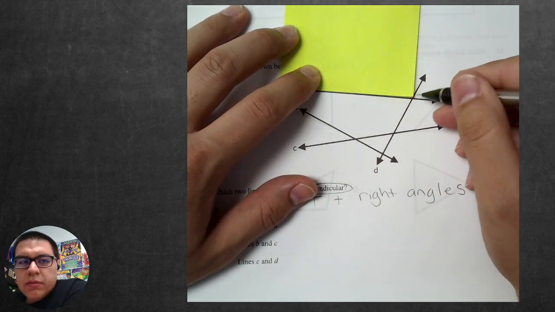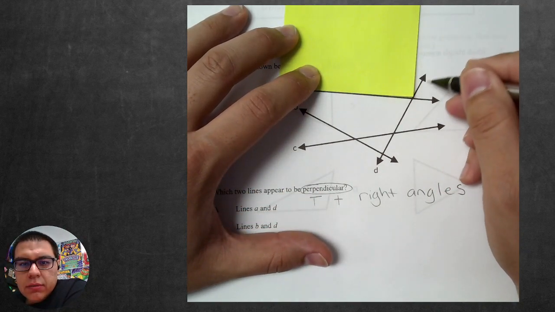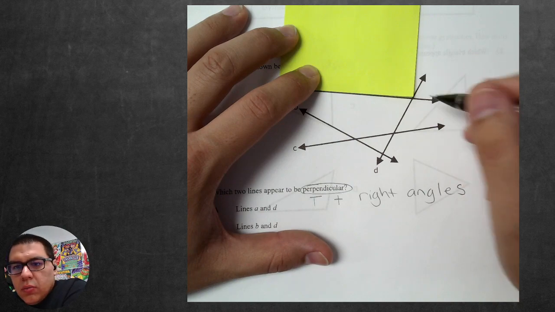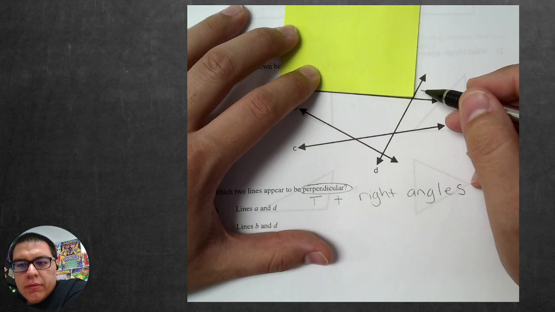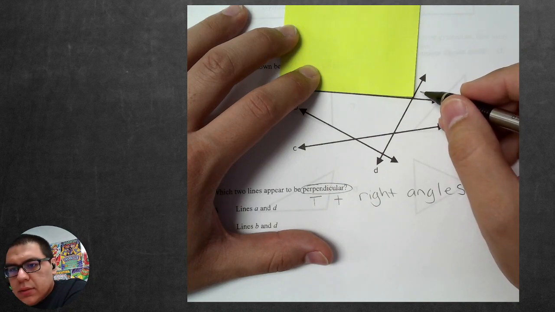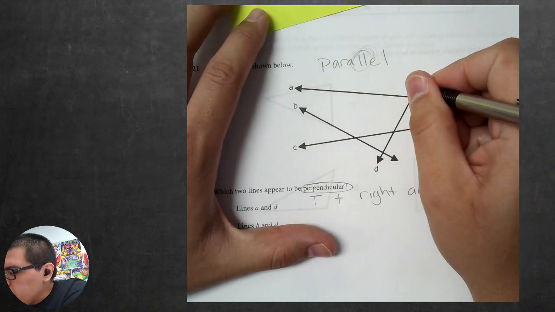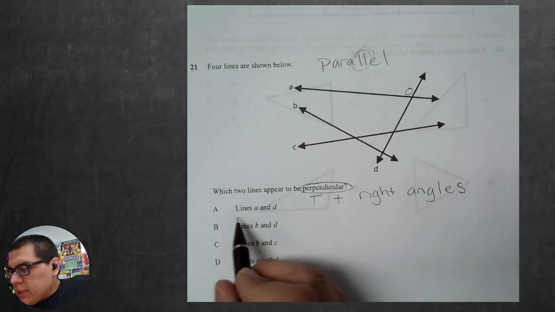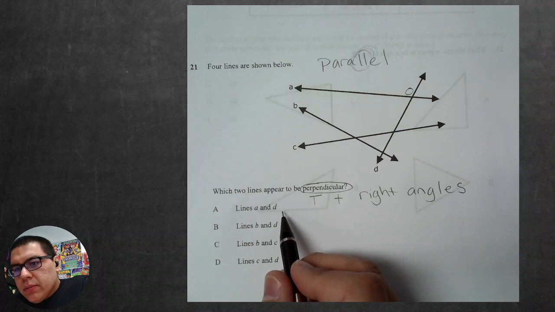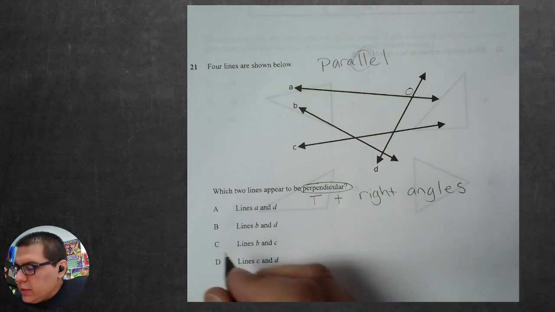So I can see that one of my sides is kind of sticking out. What kind of angle do I have if one of these sides is sticking out away from the sticky note? JD? An obtuse angle. Very good. We said we wanted right angles. So, Jadine, is this what we're looking for? No, we're not looking for this.